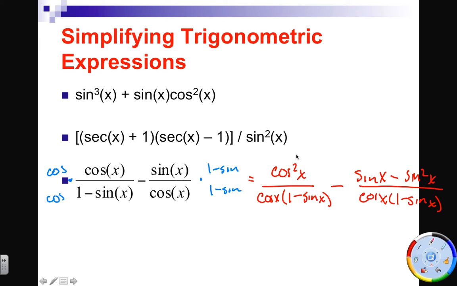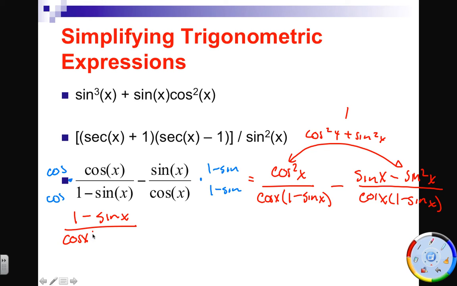So I can actually look at this as being cosine squared x plus sine squared x. Well, I know that to be 1. So I actually get 1 in the numerator, and my denominator is cosine x times 1 minus sine x.